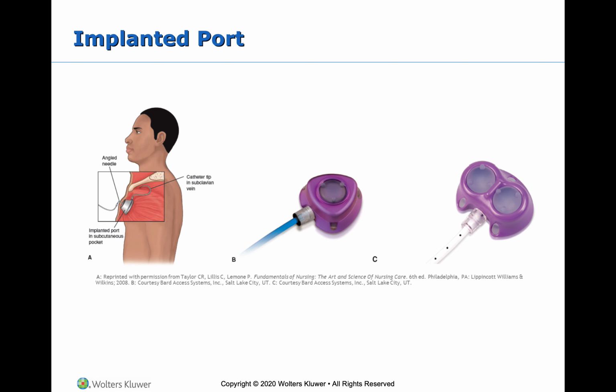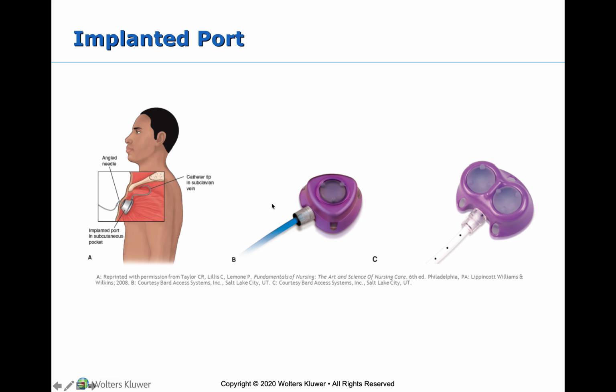This is basically a small chamber just underneath your skin in your chest, and it's attached to an indwelling line that is surgically implanted under the skin. So this same thing goes right into your superior vena cava, but this device is underneath your skin.